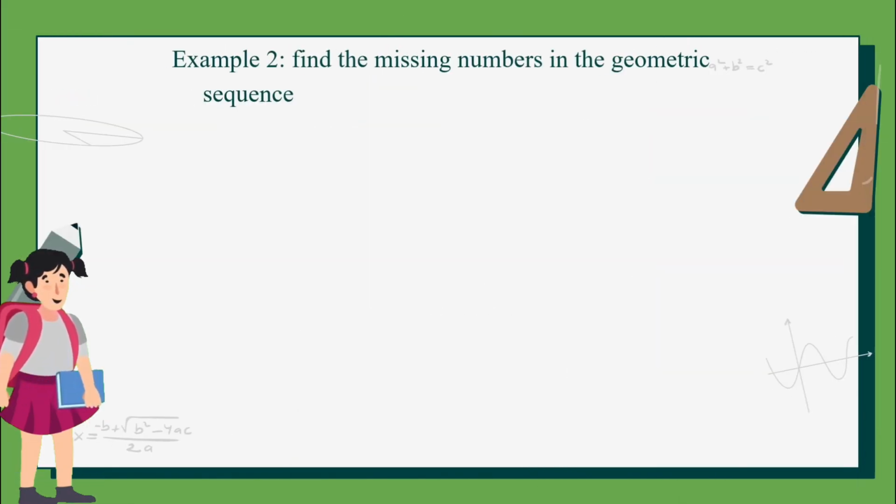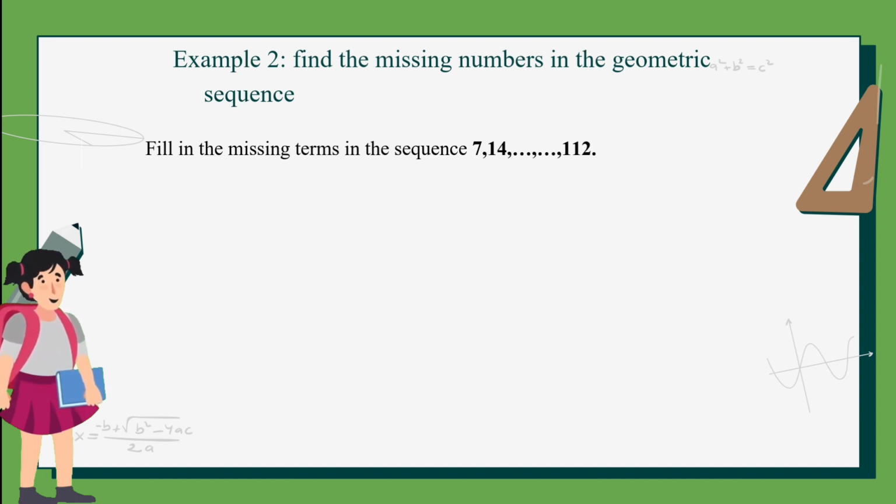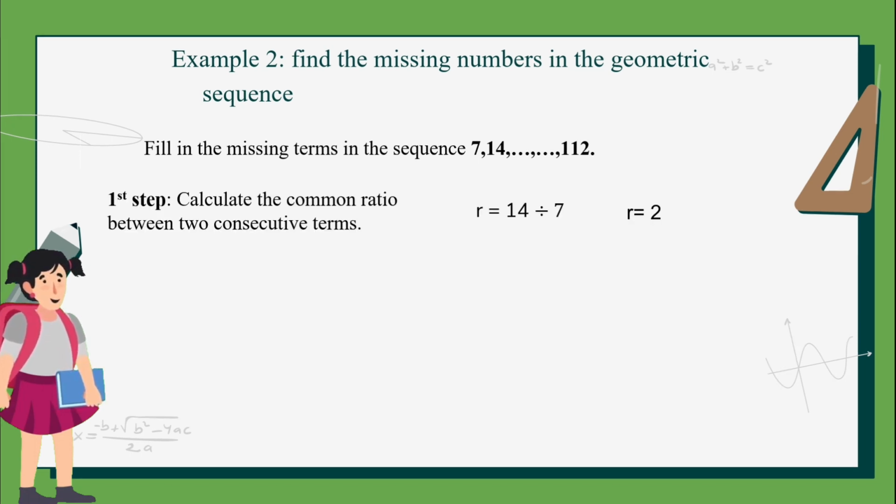Example number 2. Find the missing numbers in a geometric sequence. Fill in the missing terms in the sequence 7, 14, third term, fourth term, 112, and so on. So the first step is i-calculate natin ang common ratio between two consecutive terms.